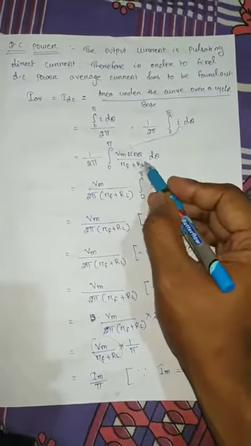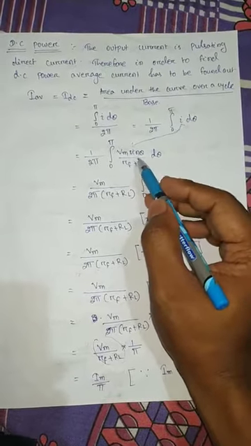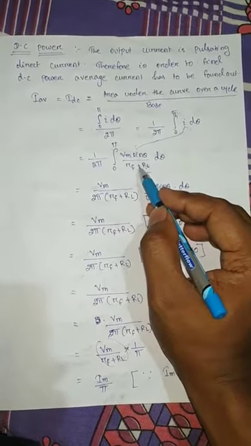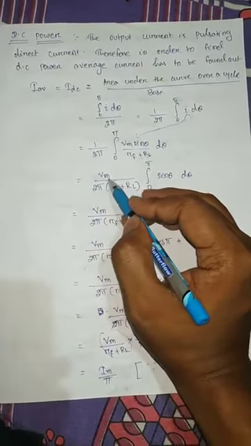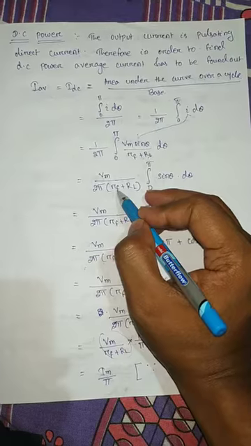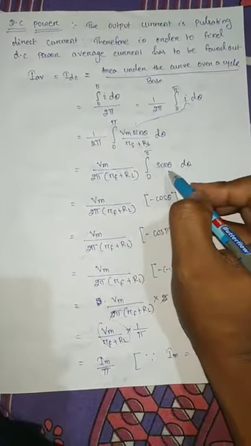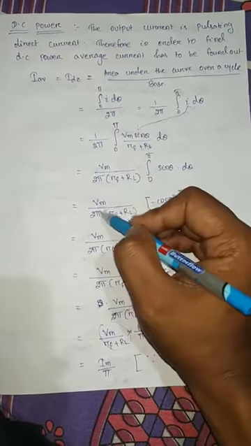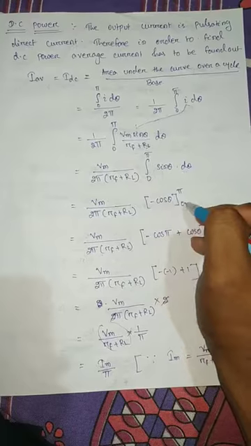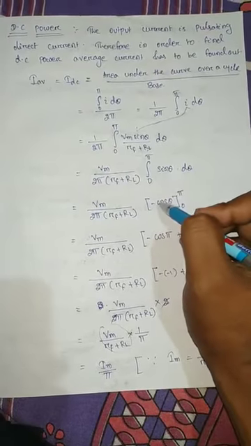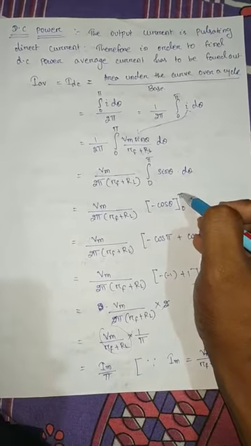Now Vm divided by Rf plus RL is constant, so we will take this term outside. So Vm divided by 2 pi into Rf plus RL, integration 0 to pi sin theta d theta. The integration of sin theta is minus cos theta, with lower limit 0 and upper limit pi.